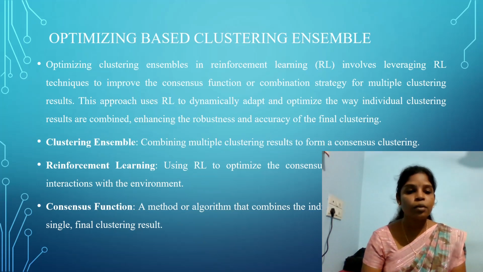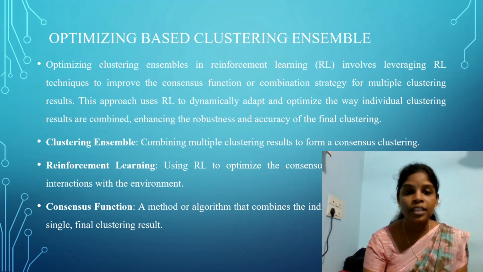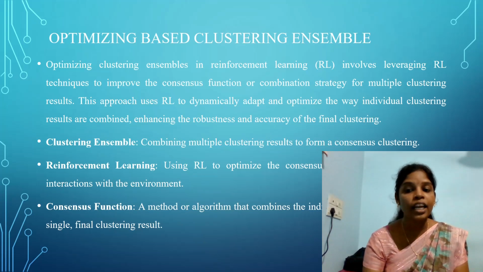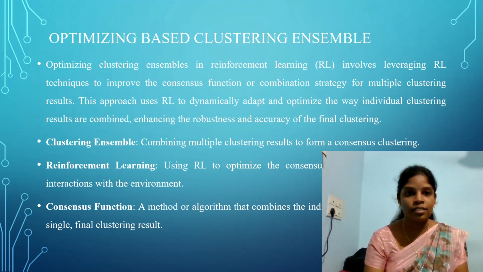And the consensus function is the algorithm that combines individual cluster results. So first, clustering ensemble means combining the multiple clusters. Second, how the multiple clusters are optimized by learning from interaction with the environment. Third, the algorithm combines individual clusters into a single, final clustering result.